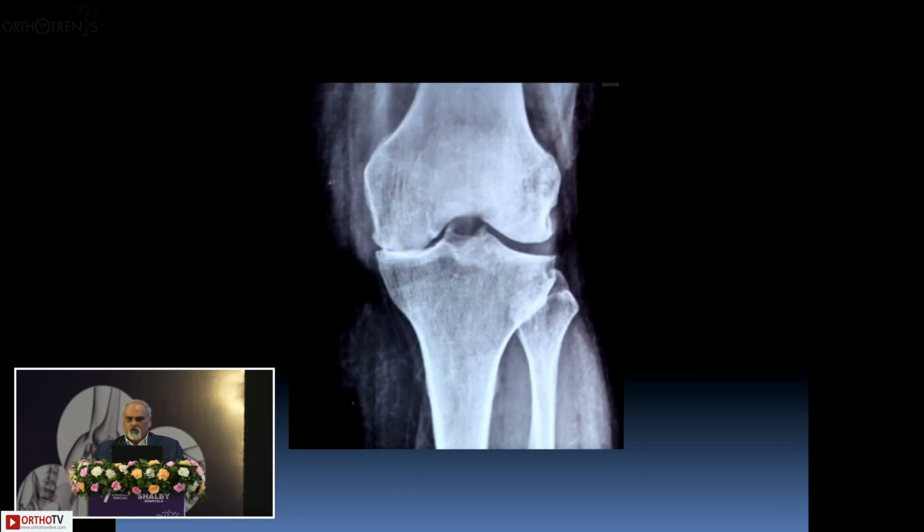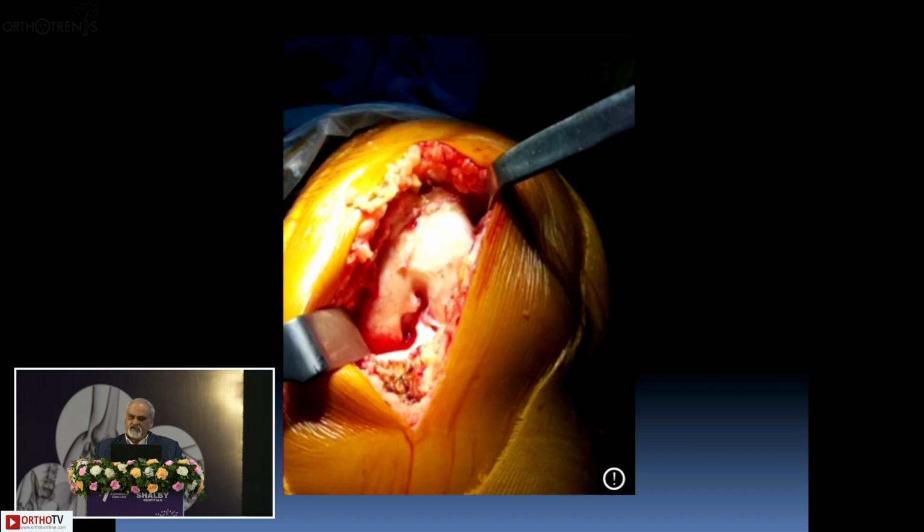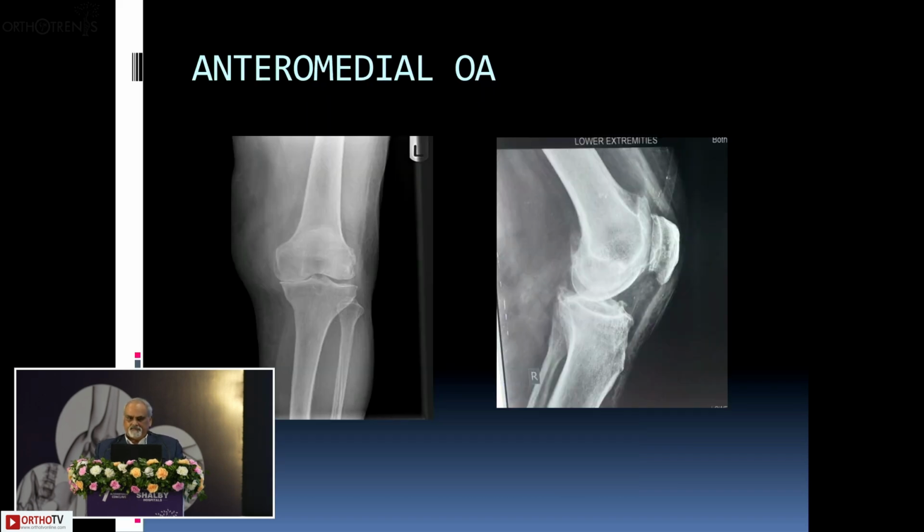So when we talk of a unicompartmental knee replacement, what we are looking for is involvement of the medial tibiofemoral condyles with bone-on-bone arthrosis, but with a functionally intact ACL and non-contracted MCL. So this is the concept of an anteromedial osteoarthrosis.